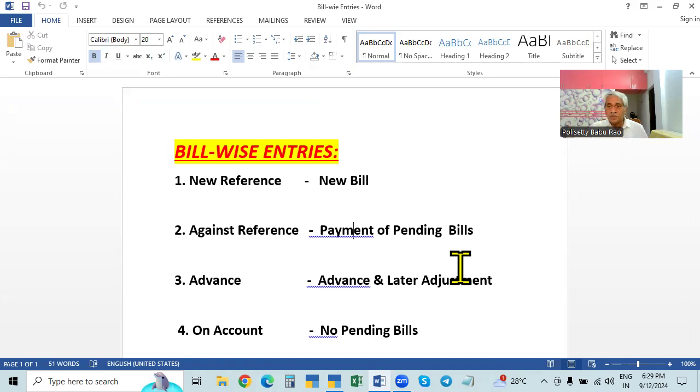So what will he do? He will take the receipt. He will receive the money as advance, and when he is sending the goods to us, he will make the sales invoice. When making the sales invoice, he will adjust the advance in the invoice, make the entry, and send the invoice to us.